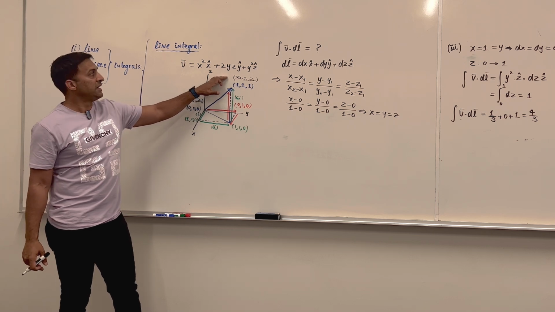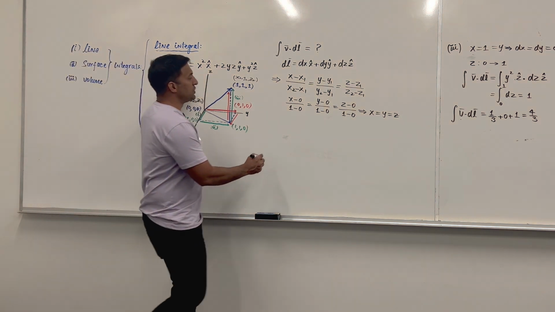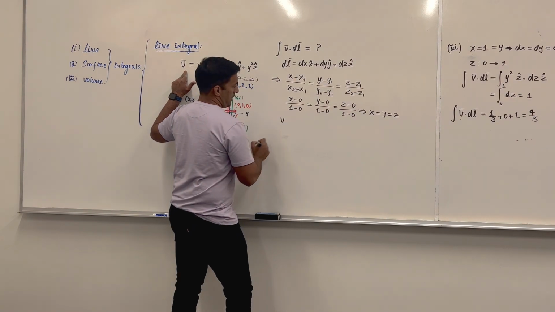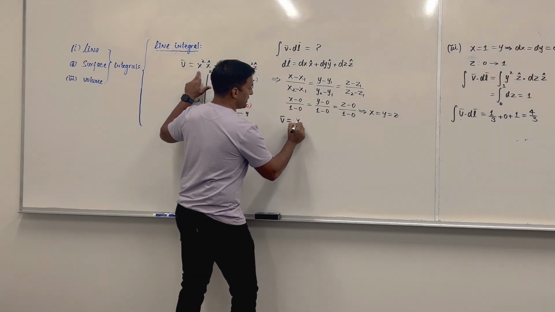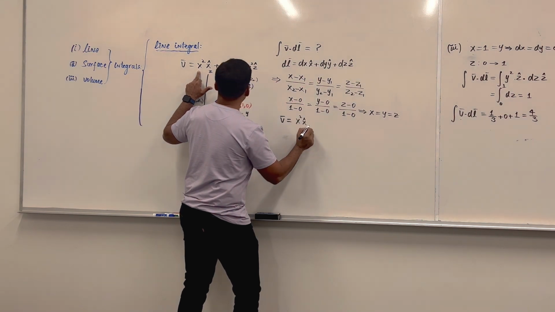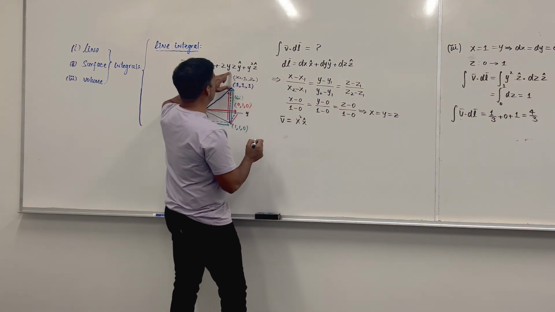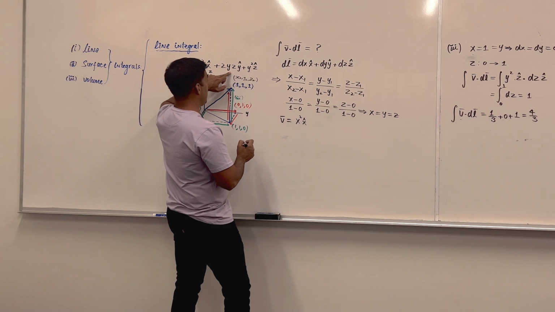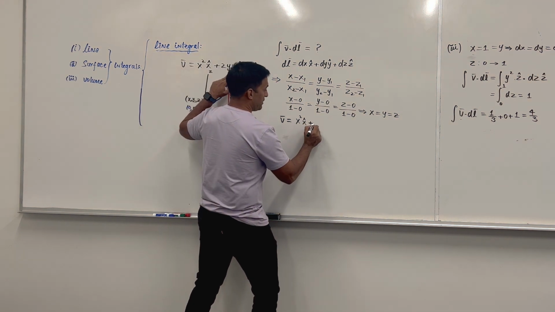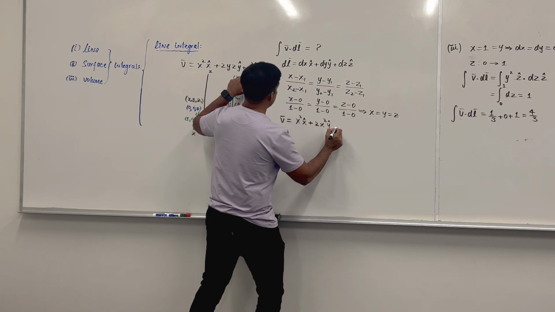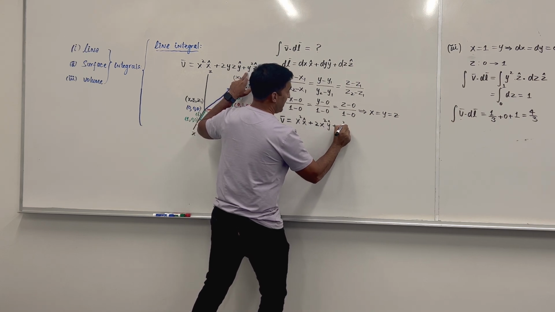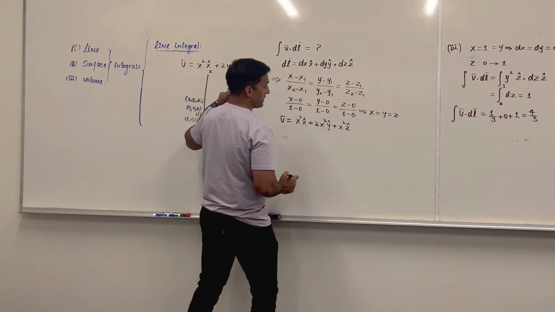So in this vector function, let's substitute y and z equals x. So this first term is x² x unit vector. If I substitute y and z as x here, this becomes plus 2x² y unit vector, and this becomes plus x² z unit vector.